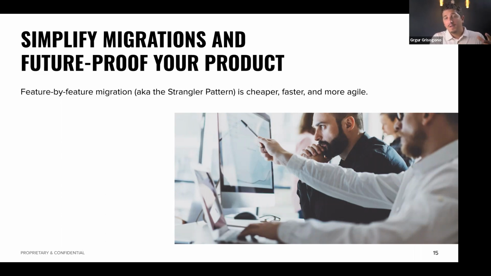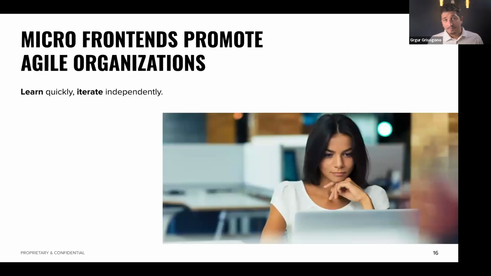It's like building an app with the triangular pattern facade built right inside. And in the agile spirit, micro front ends make it easy, almost native, to learn, adapt, and iterate through products.